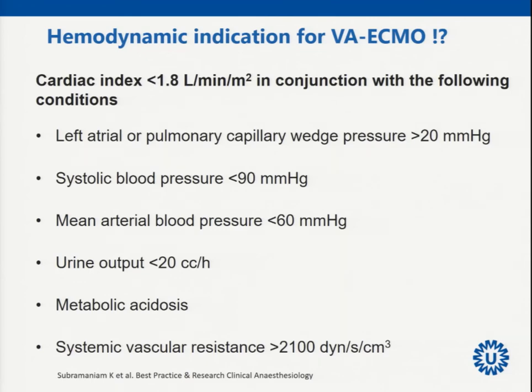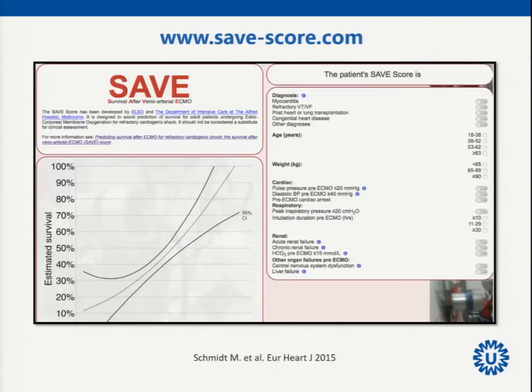So this is the hemodynamic indication for VA-ECMO: wedge pressure, systolic blood pressure, mean blood pressure, urine output, metabolic acidosis, and high systemic vascular resistance. But you do not usually have all these parameters in a very acute setting. So you stick with your clinical intuition and with a low blood pressure, and probably you have a blood gas analysis.